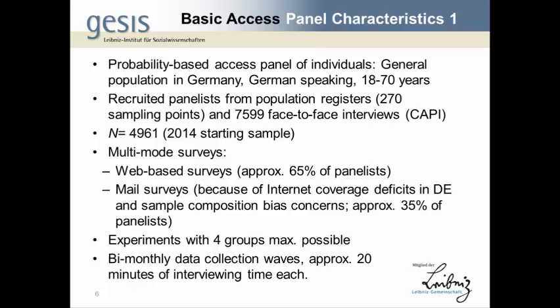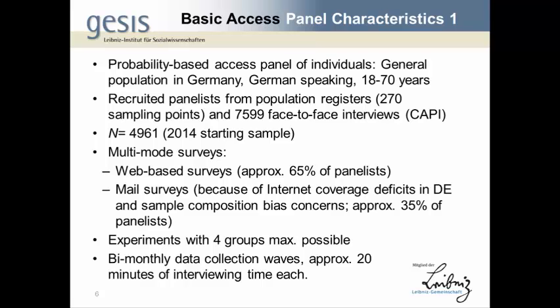Our panelists are from population registers in Germany. We started with 270 sampling points and conducted last year, between June 2013 and December, about 7,600 face-to-face interviews. So no telephone interviews, but personal interviews in the households.